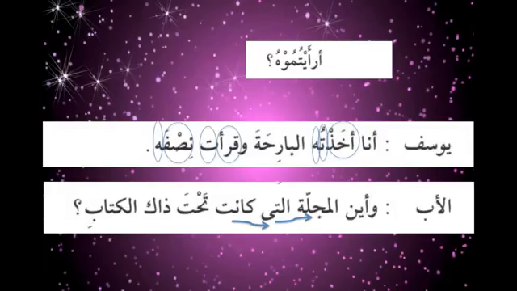Tahta is connected to kanat because it is the khabar of kana, and zaka is connected to tahta because after zarf comes mudaf ilayhi. So zaka is your mudaf ilayhi, and al kitabi, we know after ismu ishara, when there is al, it is badal. So this al kitab is connected to zaka, that book. So where is the magazine? That which was under that book. This is how the whole connection is established, and it's easy to understand.